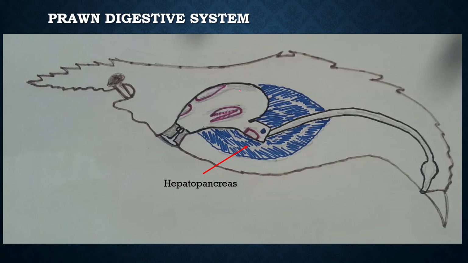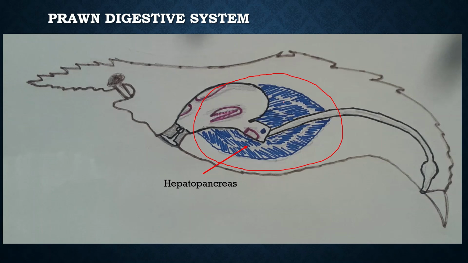This gland is made of three types of cells, that is, first granular cells, second ferment cells, and third hepatic cells.